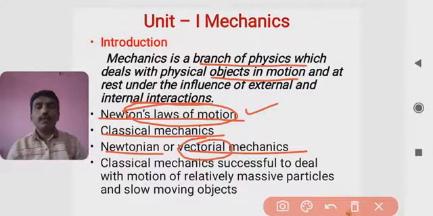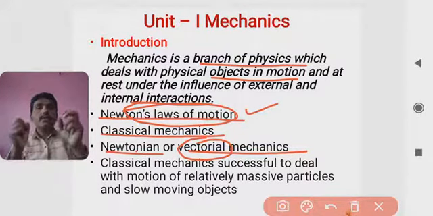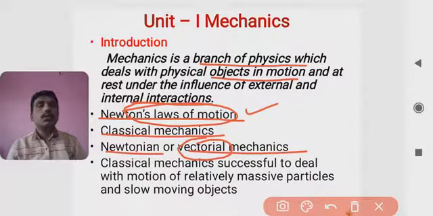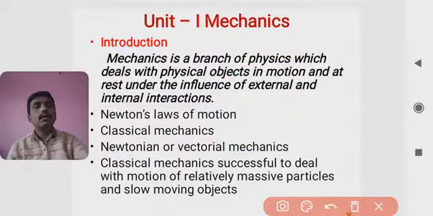Because whenever we take two bodies and draw a single line with direction and magnitude, there is a vector from one to another. And if I want to find the distance between them, that line with magnitude and direction is nothing but a vector, and there are also scalar quantities. That is how the word vectorial mechanics comes.